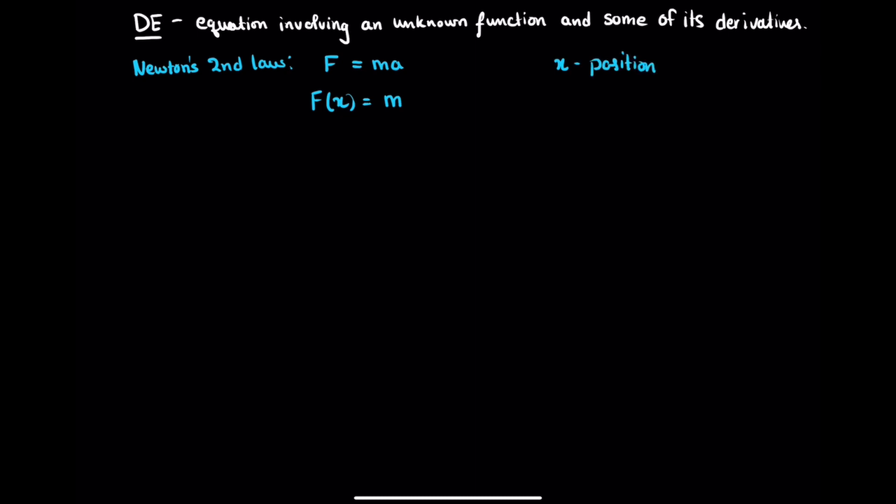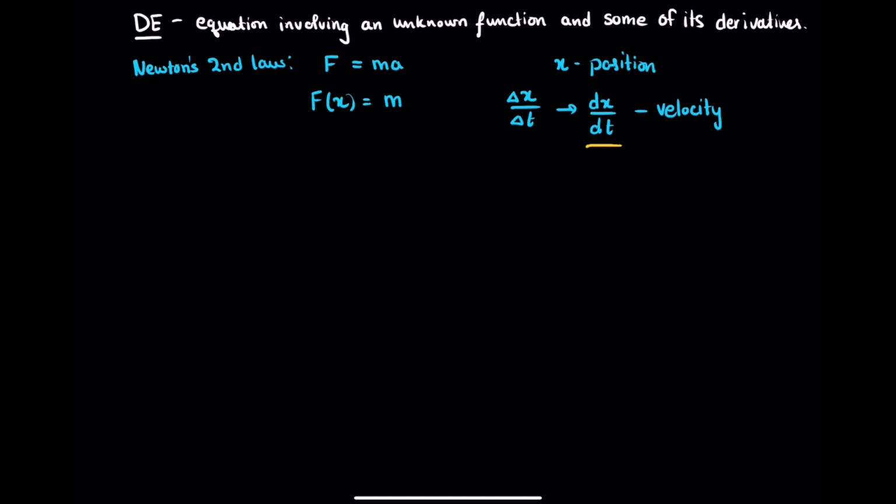If you take a change in x with respect to a change in time, a very small change, so dx over dt, that is equivalent to velocity. And if we take velocity with respect to time, that gives us acceleration.